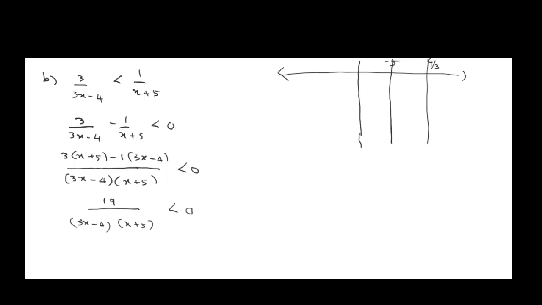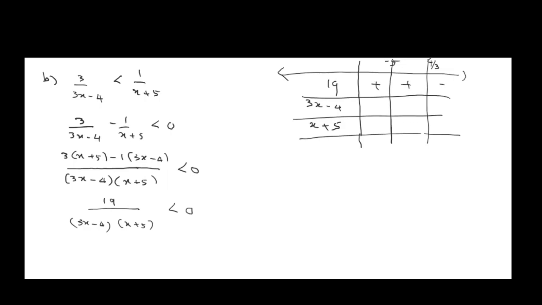Okay, and then list down all the expressions in the fraction. So we have 19, we have 3x minus 4, we have x plus 5. Okay, 19, we know that it is always positive. For 3x minus 4, 4 over 3 will make it 0.